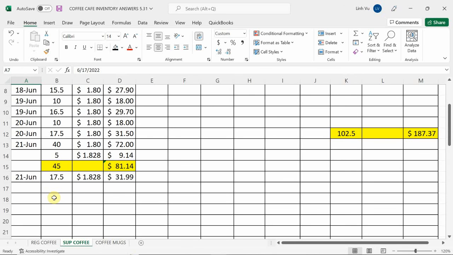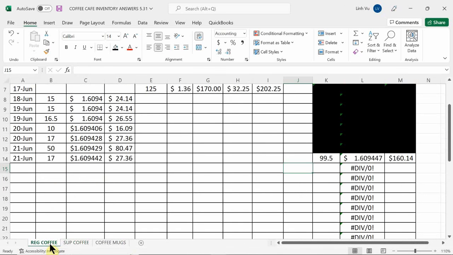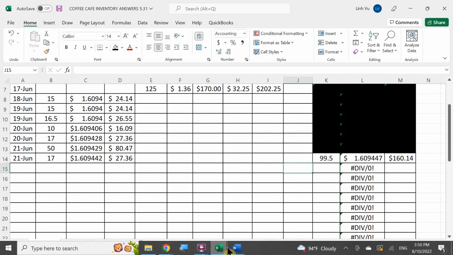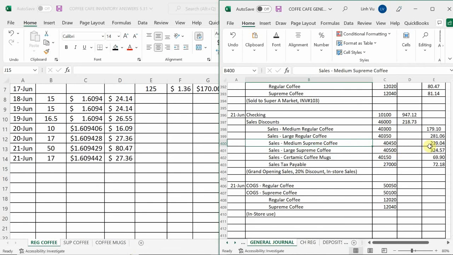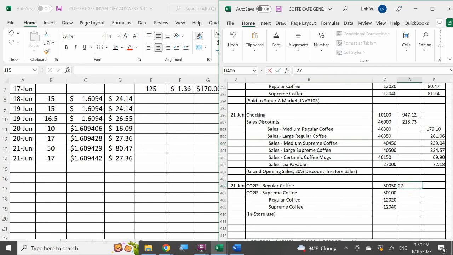So now that we got our cost of goods sold numbers, we have $31.99 for Supreme, and we have $27.36 for the regular. Okay, so regular $27.36, and we have $31.99 for Supreme. For the in-store use.